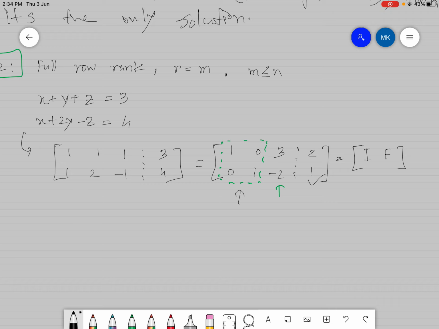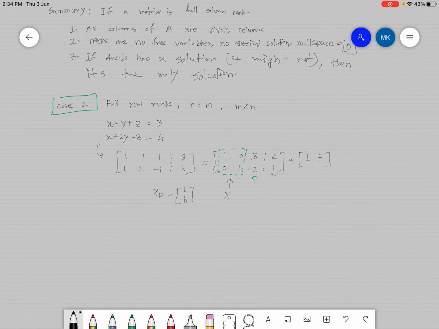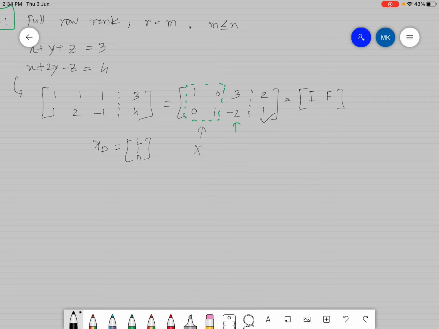In the right hand side you have 2 1, so please do it on your own. In this case x particular is 2 1 0, and x n is c of minus 3 2 1. Please check if this is correct or not.